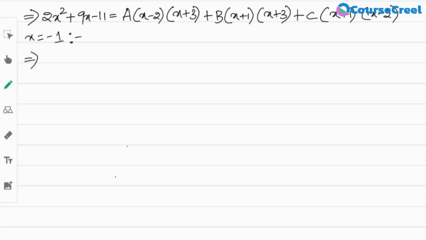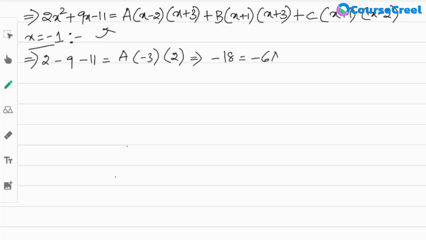By substituting x equals minus 1 in the above equation, we get 2 minus 9 minus 11 is equal to a into minus 3 into 2, which gives minus 18 is equal to minus 6a.